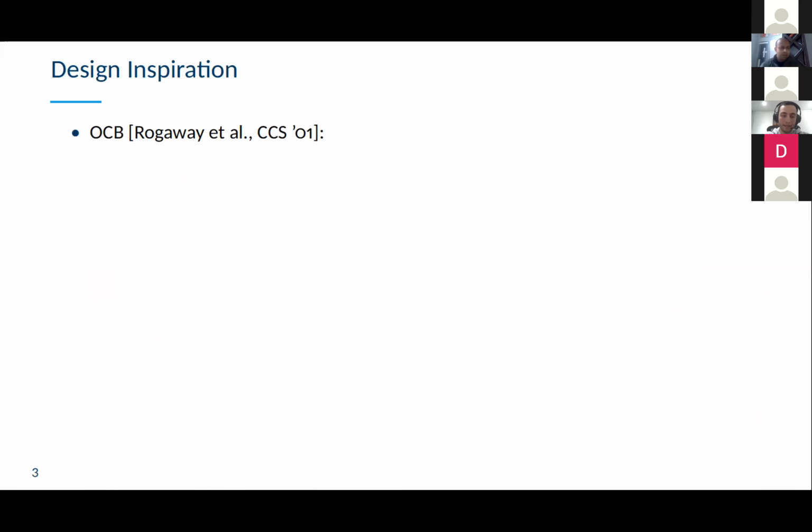Now, this parallel structure has already been addressed by Phillip Rogaway, who in CCS 2001 presented OCB, and this construction has got a lot of attention from the community. OCB is parallelizable, and it is highly efficient in software.